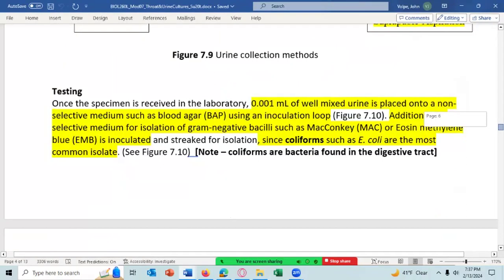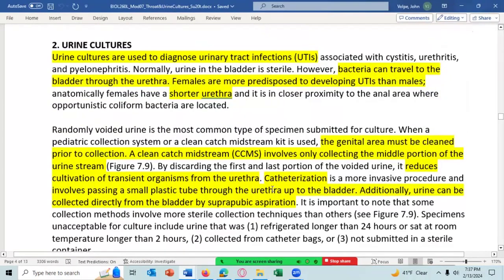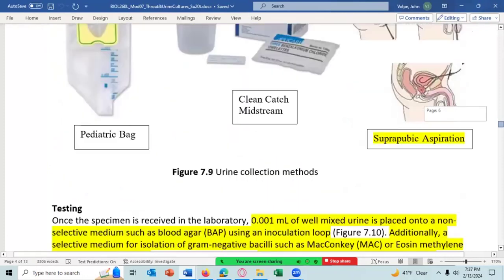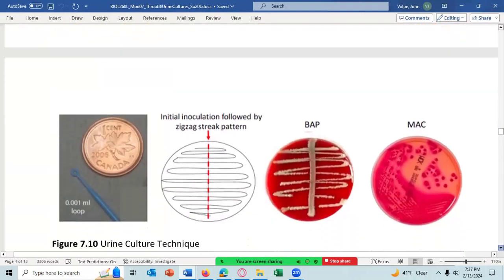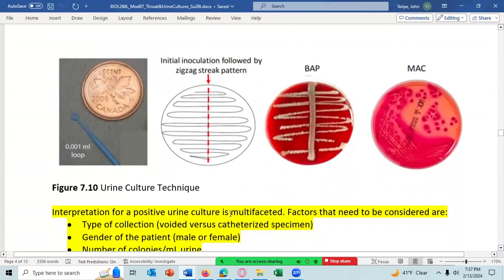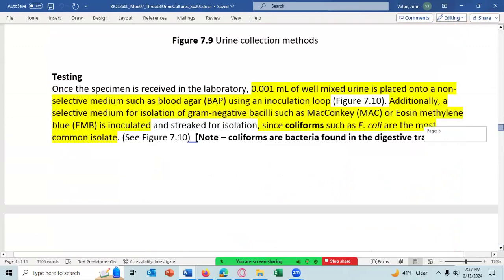Once you get a urine sample in the lab, let me make sure I've discussed everything. Yeah, I have. We then put 0.001 milliliters of urine onto the blood agar plate using a special inoculating loop that actually measures 0.001 milliliters.